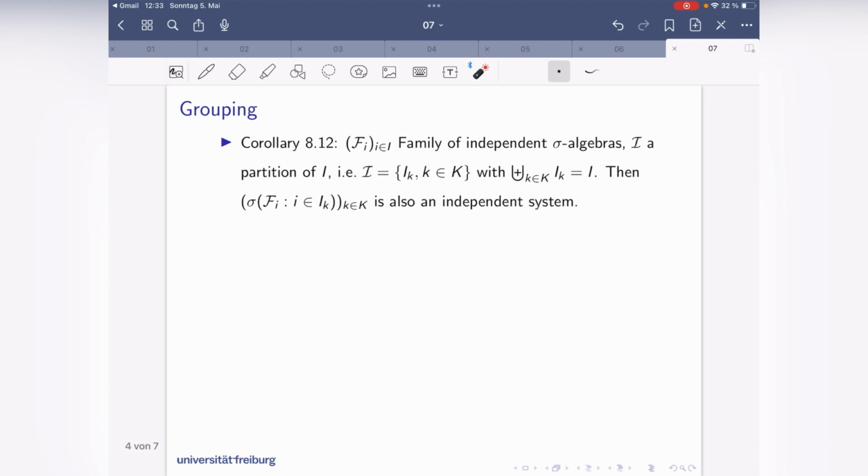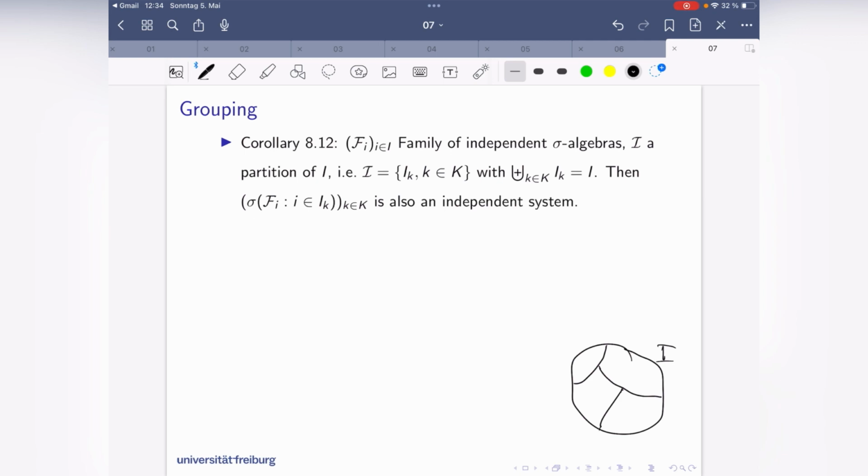Another thing which sounds easy, and actually it is, because we have this powerful lemma from the first slide. So it's like this here. This here is our set I, and let's assume the F_i's are independent. So here I have all my F_i's in it. Every single point is one F_i. And I want to group them, for example, into these 4 parts here.